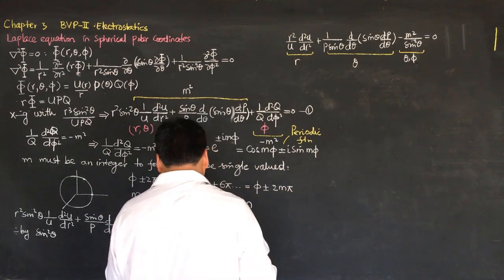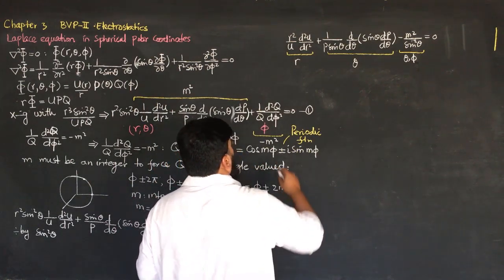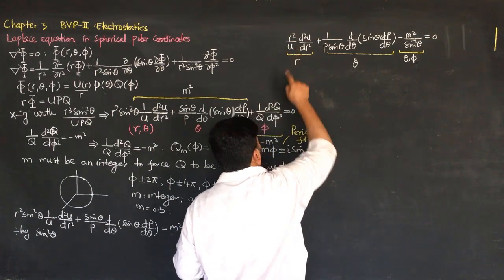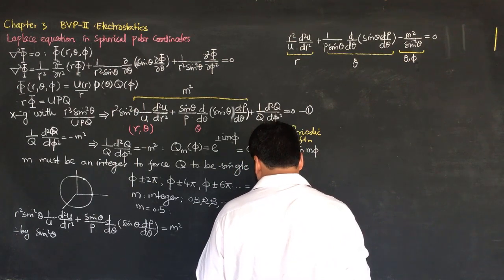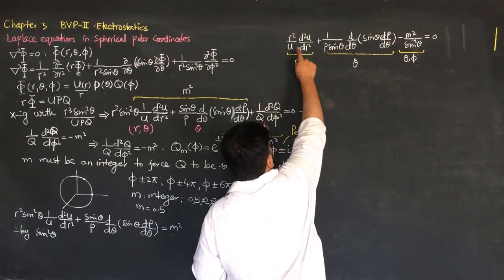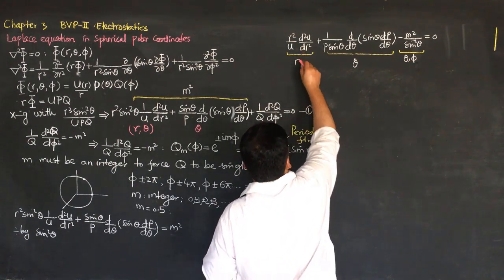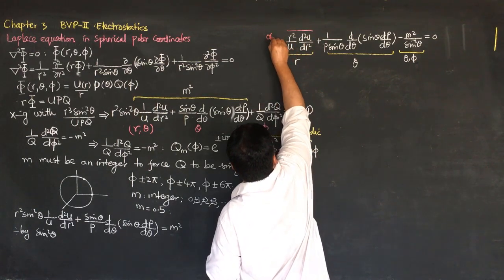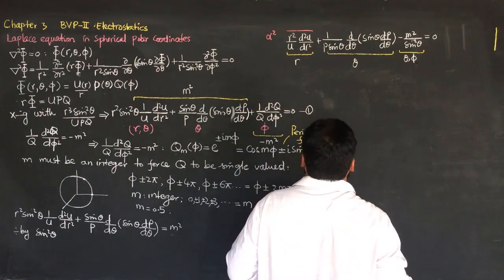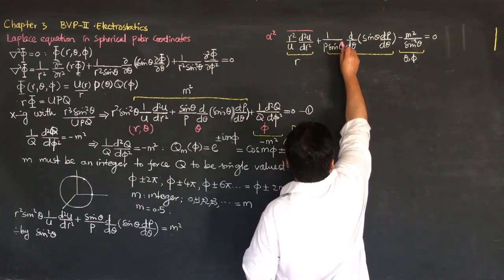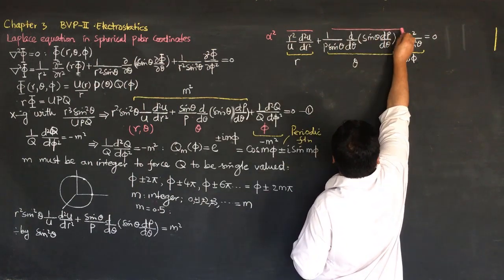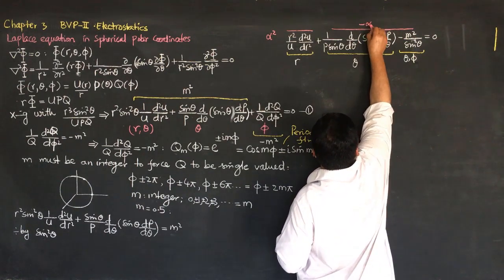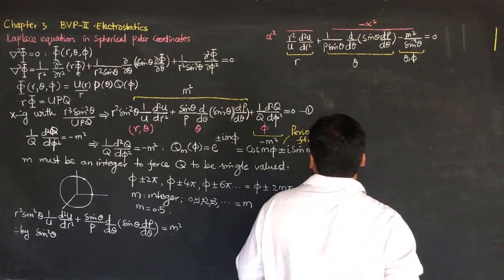So let me write this thing, that we focus on this equation, which is the radial part. Let's consider that this portion is equal to a constant, and that constant is alpha square. Then this whole will be equal to minus alpha square. Then we will have our equation equal to 0.